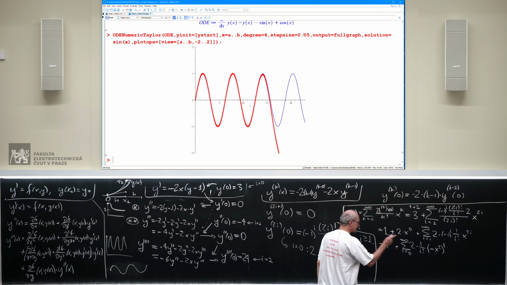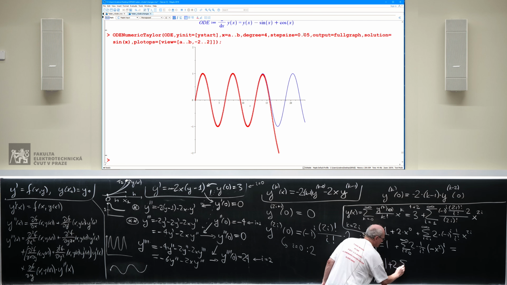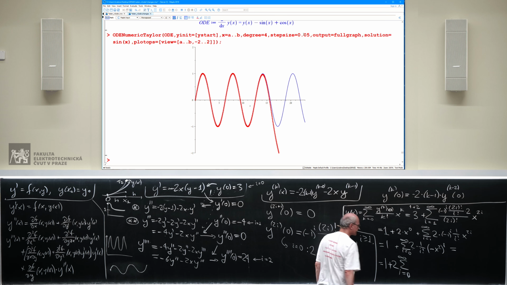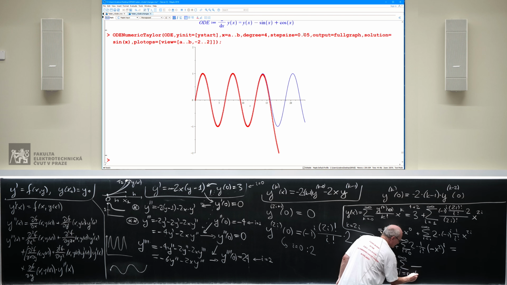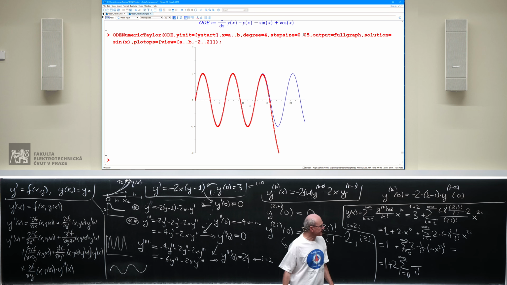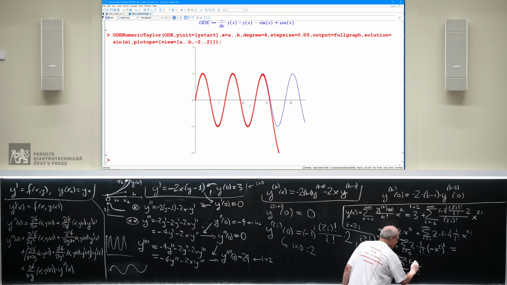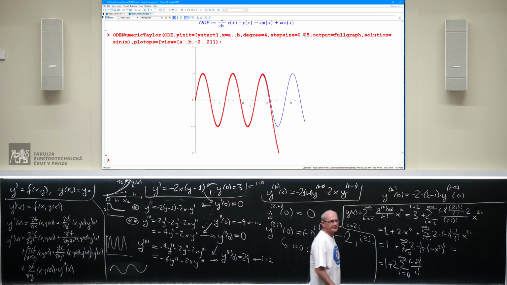So far, so good. Now, let's see. We are almost there. I factor out 2. This is a summation i ranging from 0 to infinity. And in the summation, we can see fraction i factorial in the denominator and negative x squared to power i in the numerator. And that's a series that we know.